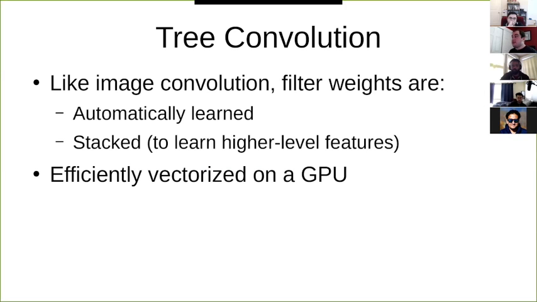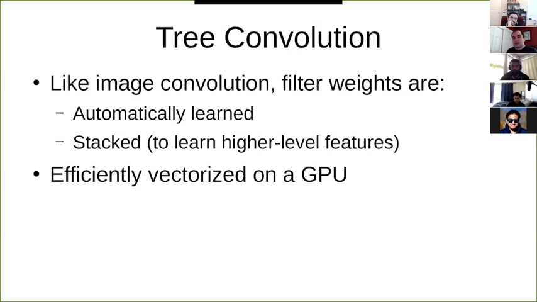The other trick is that, again, just like a convolutional neural network, we're going to stack these, right? So one layer of tree convolution, one set of those filters, can represent something like a hash on top of a sort, or B that goes into a sort, but it can't recognize a long chain of hash sort, hash sort, hash sort. So in order to recognize those longer chains, we're going to apply more layers of tree convolution.